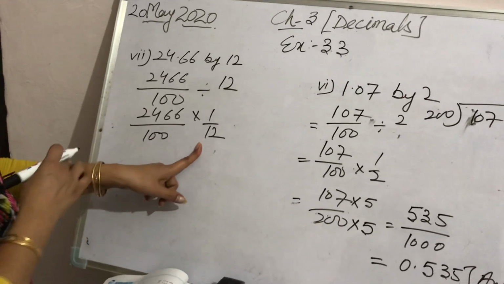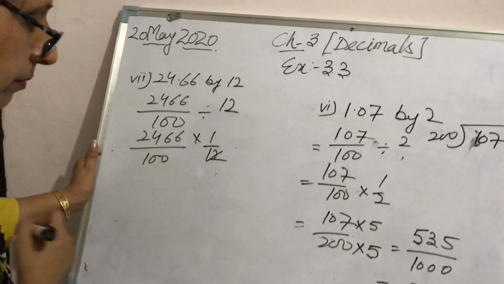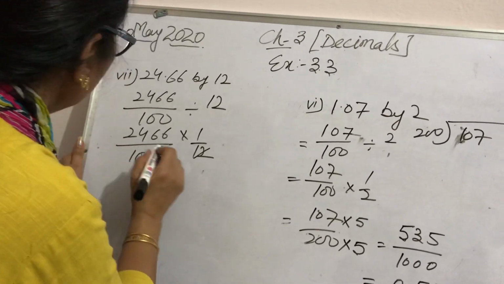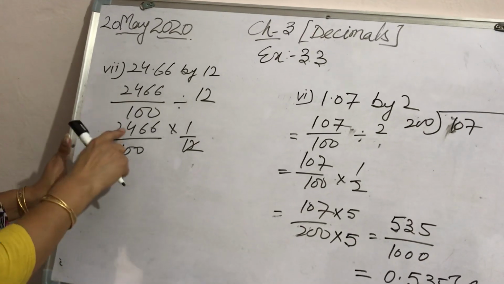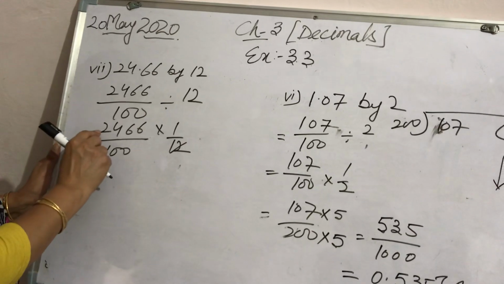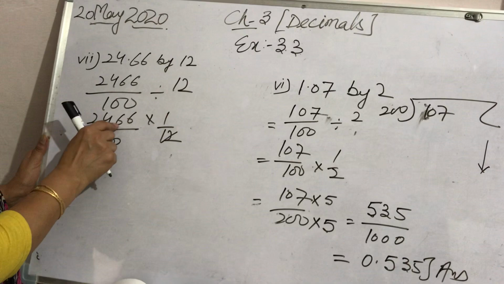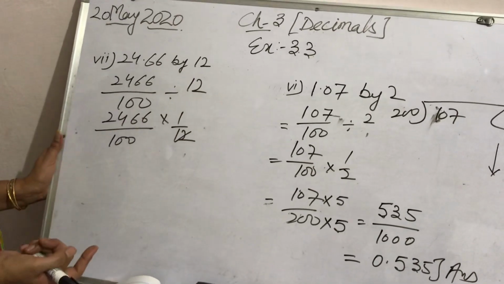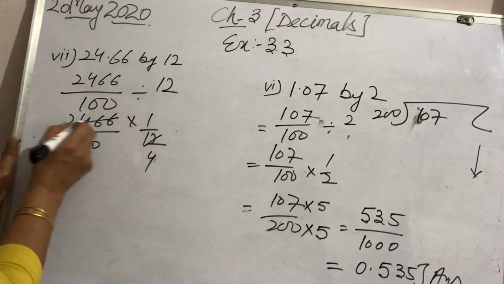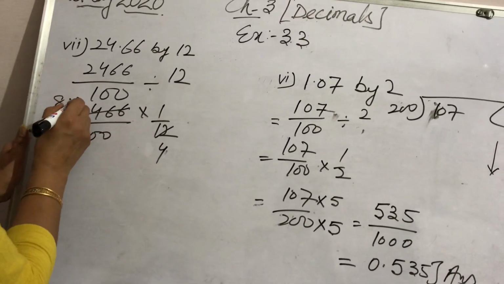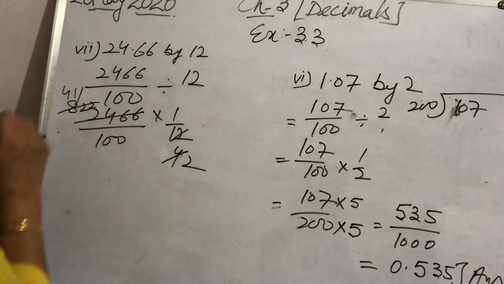So it can be divisible, I think, by 2 first. Rather, you know the divisibility test. It can be divisible by 3. How can we know it is divisible by 3? Sum of digits: 2, 4, 6, 6, 6, 12 and 6, 18. 18 is divisible by 3. So we can reduce it by 3. So 4 3s are 12 and it is divisible by 3. 8, 2 and 2. Again with 2, 4, 1, 1.